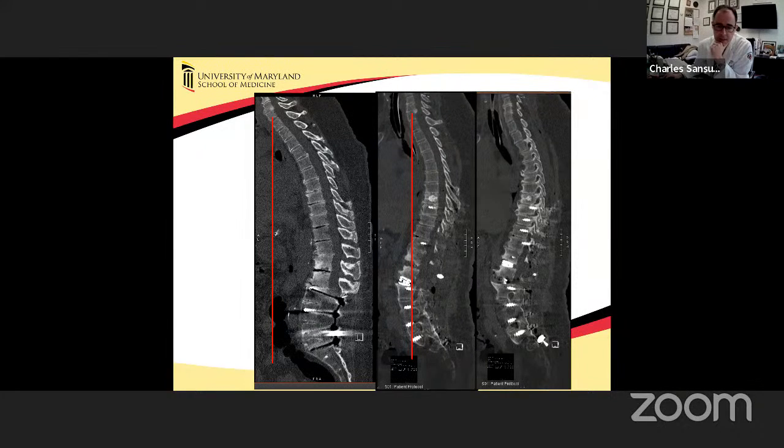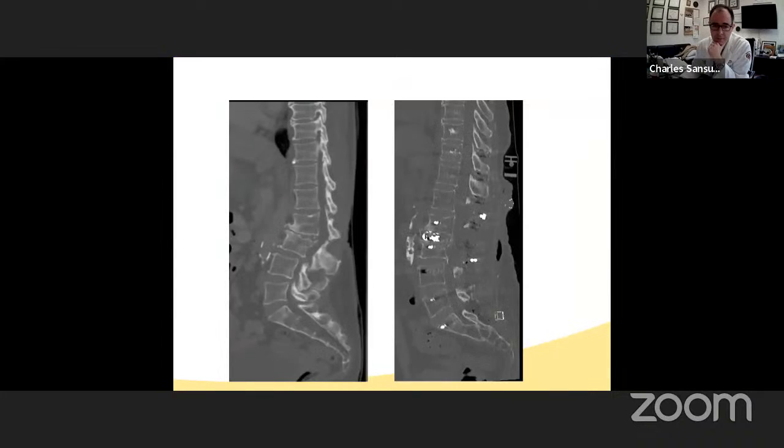And this was done at 2 levels, and you can appreciate a stretch of that anterior column and a good ability to get anterior column height without necessarily shortening the posterior column.